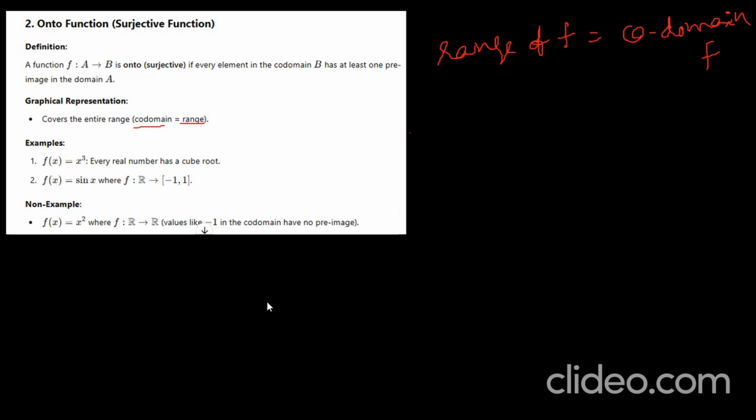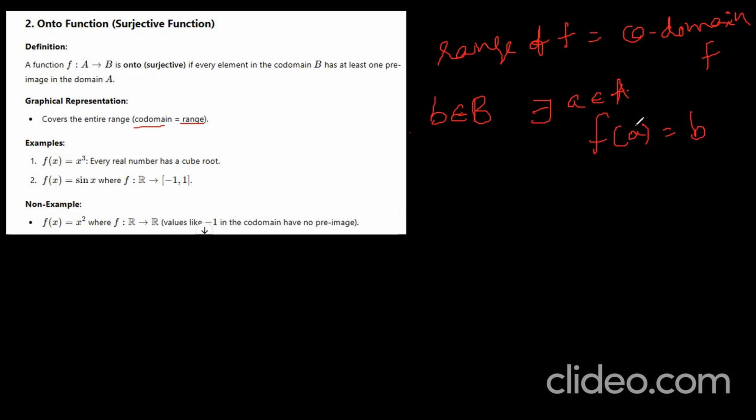Next, I will generalize it. For each element b belonging to B, where A and B are two sets, there exists a small a belonging to capital A such that f of a should be equal to b.